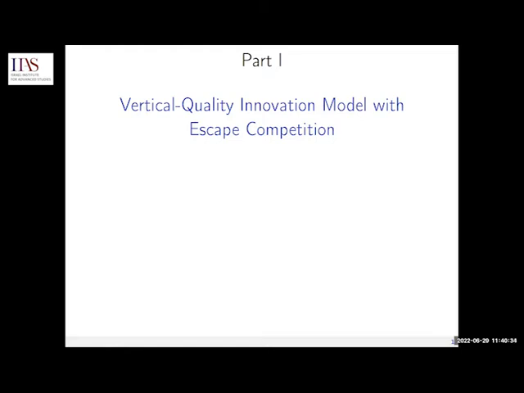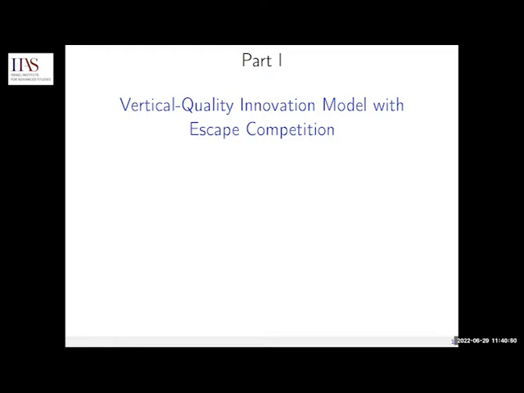And this is what's captured in the Schumpeterian forces. It's not dependent on CES and exogenous markups, and you can have this in an oligopoly model.